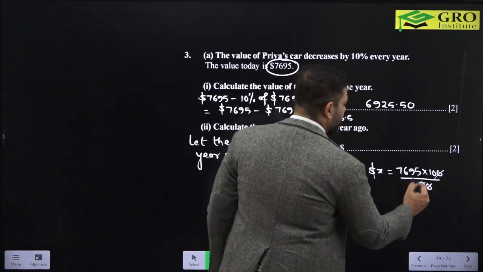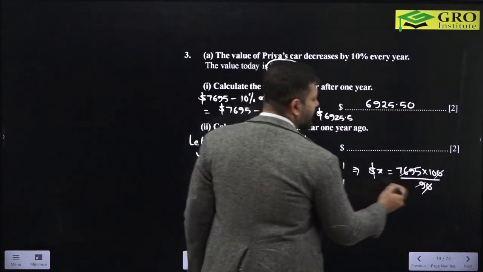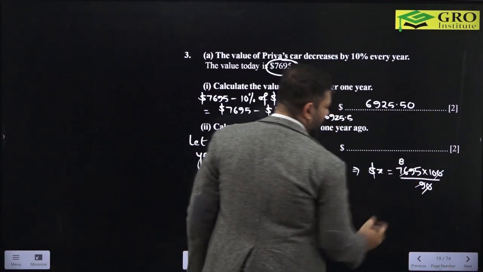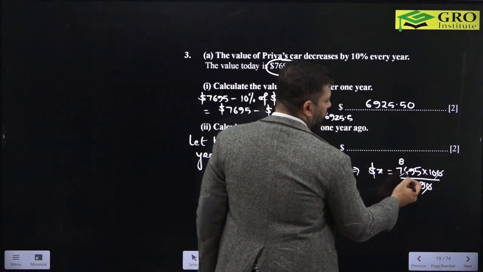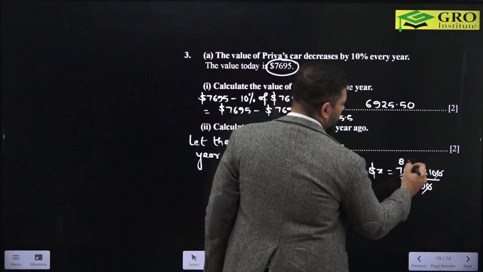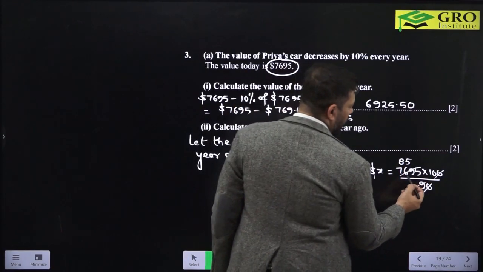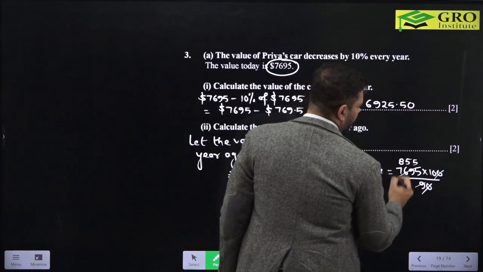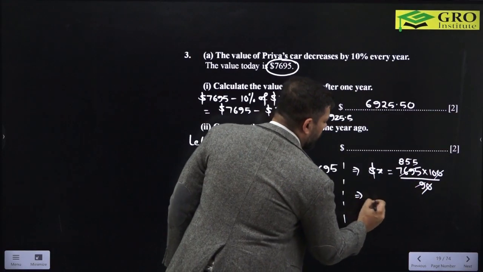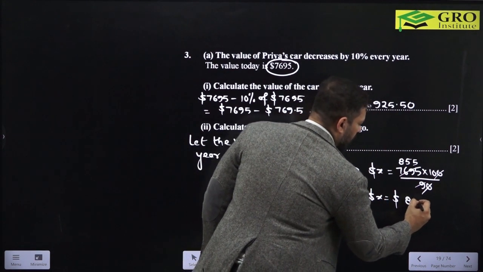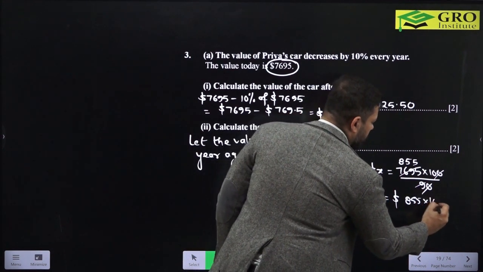Let us cancel it. 9 cancels 76 8 times, that is 72. And we are left with 4, so now 49, that means it will cancel it 5 times, and then we are left with 4, so 45 is again 5. So we are getting X to be, I should use the dollar symbol here as well, 855 times 10.